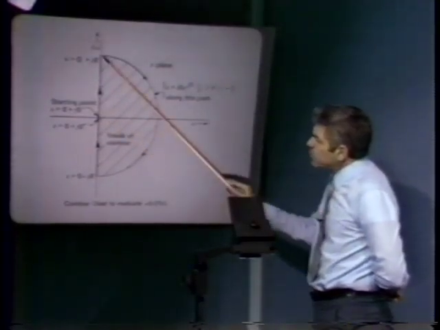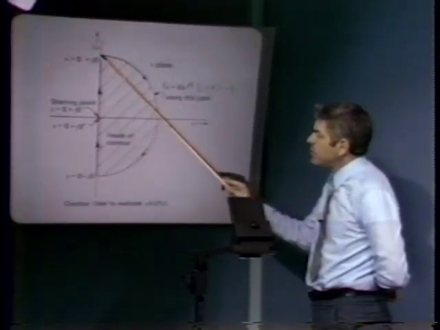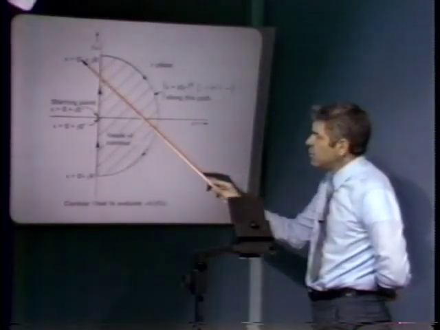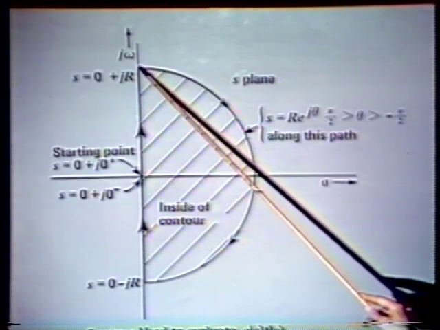We finally have reached a point in our construction where we have gone very far from the origin in the S-plane. In other words, out to S equals still 0 real part plus jR, where R is a large number.